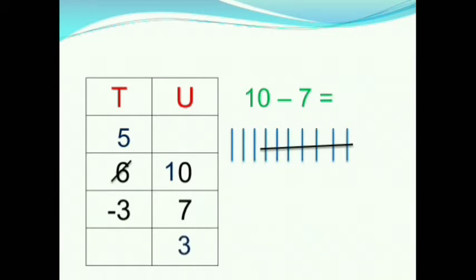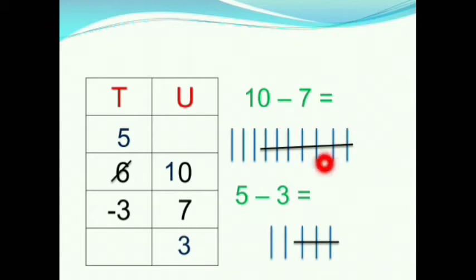Next we should subtract tens place digits. The digits in the tens place are 5 and 3. I have drawn 5 lines and cut 3 lines. Now how many lines are remaining? 1, 2. 2 lines are remaining. 5 minus 3 equals 2. Write 2 in tens place. Therefore 60 minus 37 is equal to 23.